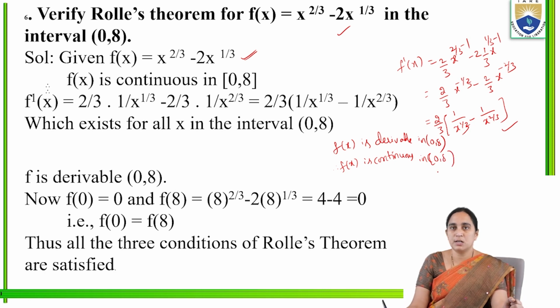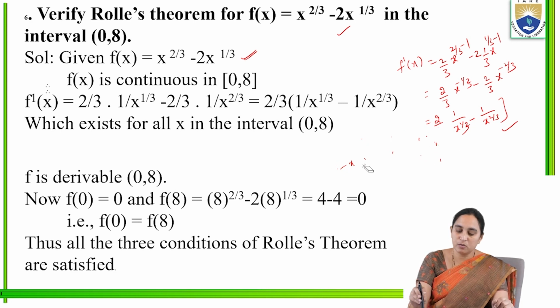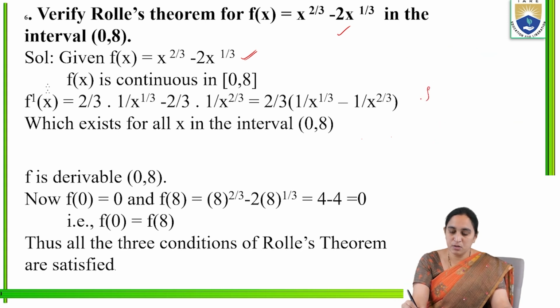Then two conditions are satisfied. Now we have to verify whether f of 0 is equal to f of 8 or not. For that, what about f of 0? Here the interval is 0 to 8, so we have to verify the f of 0 value, that is 0 power 2 by 3 minus 2 into 0 power 1 by 3. This is 0.